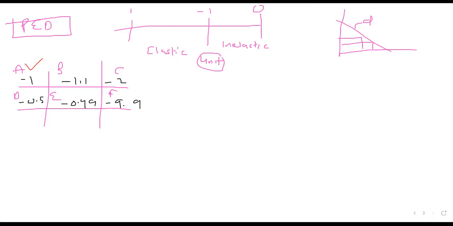B? Elastic. Okay. C? Elastic. Okay. D? Inelastic. What do the others say?